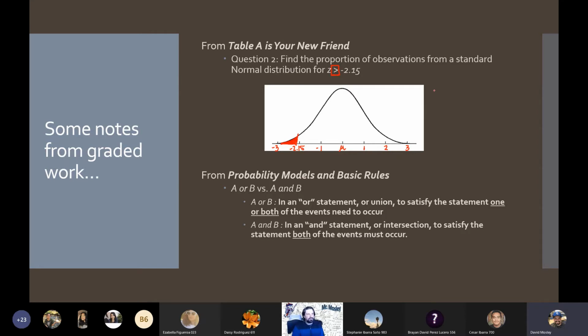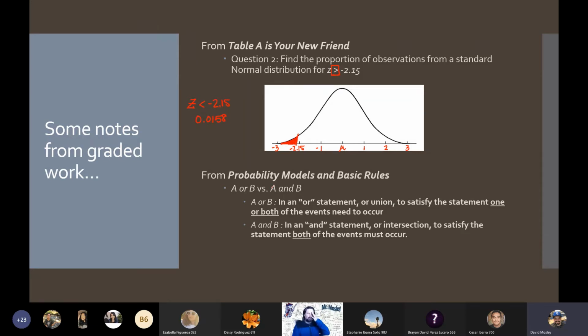So for a z-score less than negative 2.15, that goes along with the proportion under the curve of 0.0158, I believe it was. Yes, that looks right.